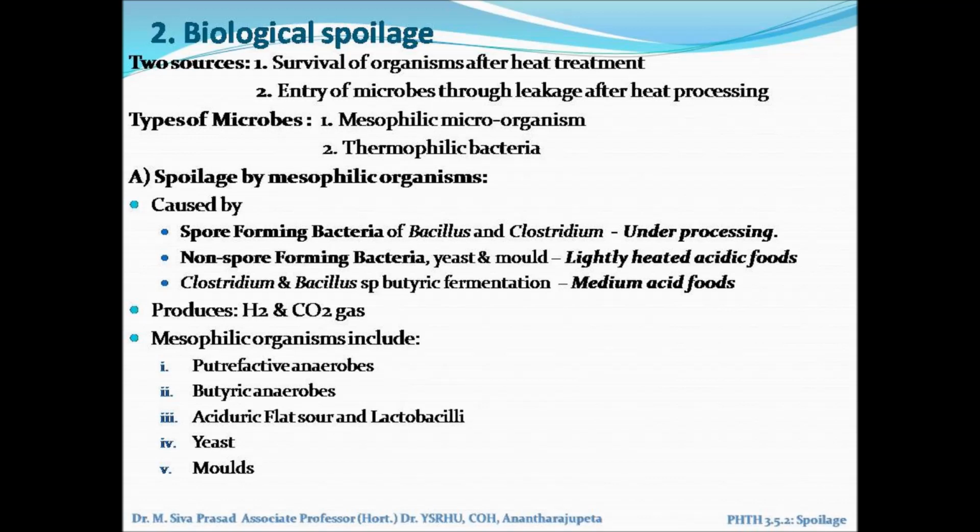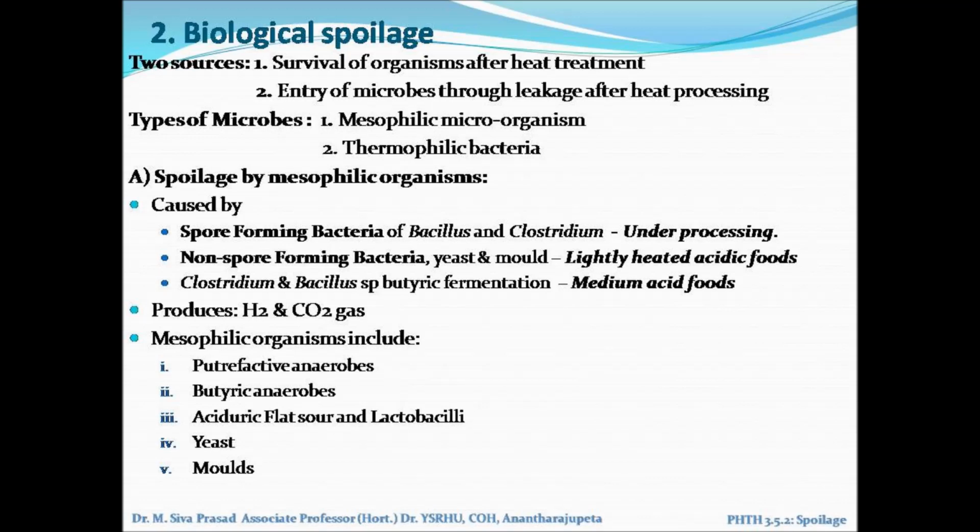And there are certain bacteria which are very resistant to higher temperatures, and which can survive at very high temperatures because of their spore nature or their inherent property of survival at high temperatures. Such bacteria are called thermophilic bacteria. These two types of microbes cause spoilage in canned foods.